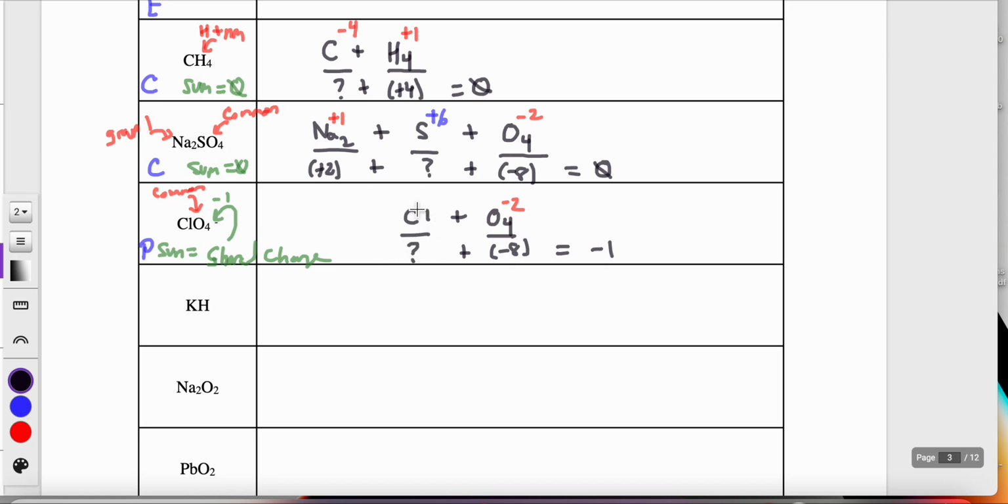What does the chlorine supply to the polyatomic ion so that when you add it to -8, the sum is -1? Mathematically, the chlorine must be supplying a +7, because +7 plus -8 leaves us with an answer of -1.